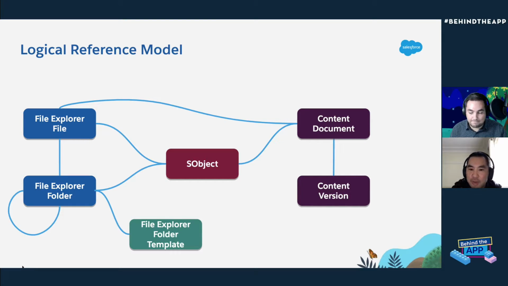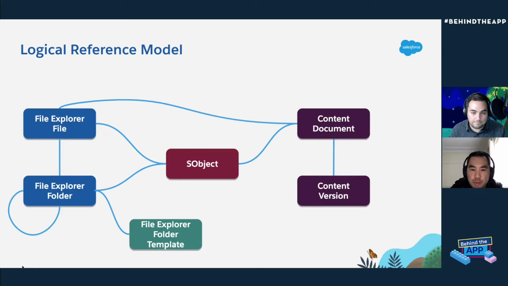So there's a couple of key objects when we talk about files. There's a content document object and a content version, and these two are the foundation of the files that you see. The different versions and the actual data within the file that you upload are stored in these two.